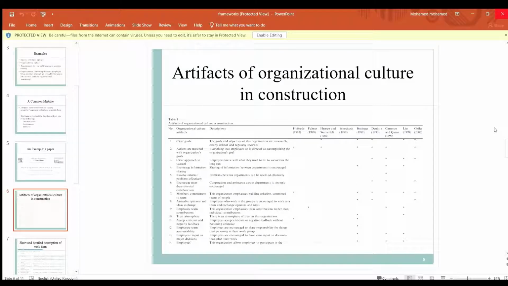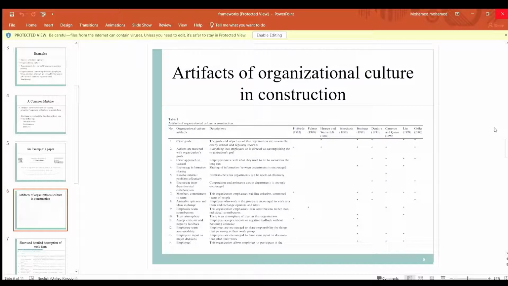As you can see on the right hand side of the table, we have different literature, previous studies. And on the left hand side, we have some organizational culture dimensions.